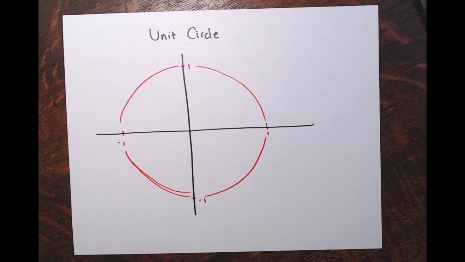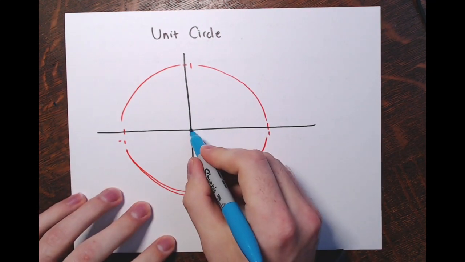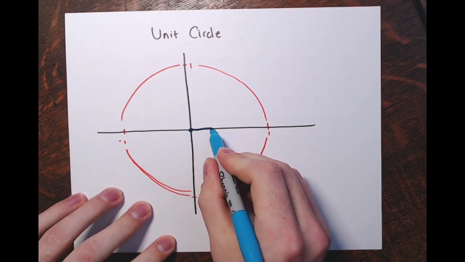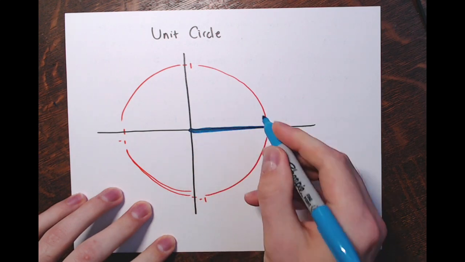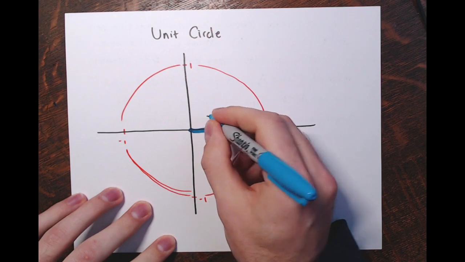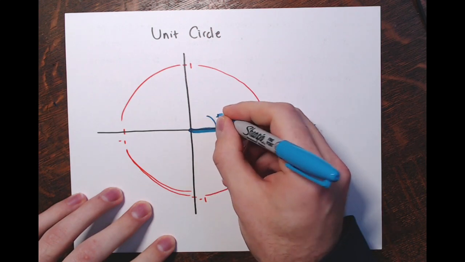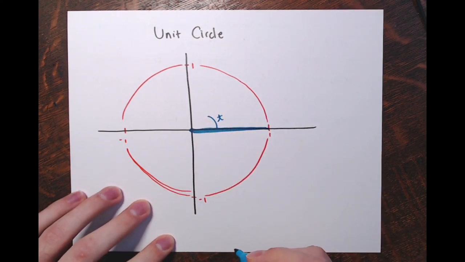And then when we draw an angle in standard position, meaning I'm starting from the positive x-axis, I draw some angle, say it's angle t or theta or whatever you want to call it.